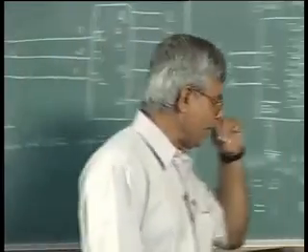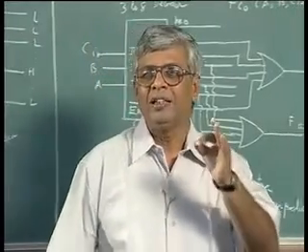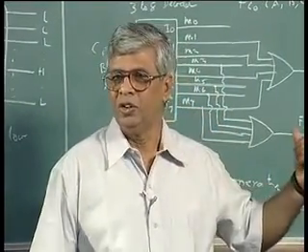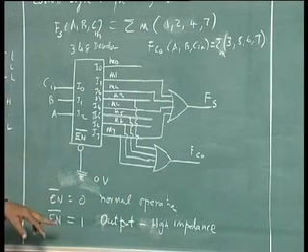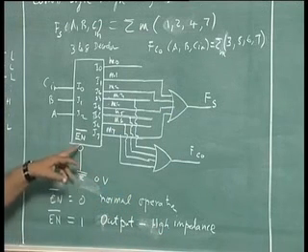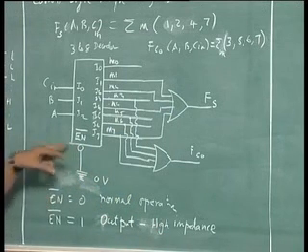So we have a gate function called tri-state gate function, which is what will be put in output for these operations. So we will come to that, but there can be more than one enable. So this is only one enable.